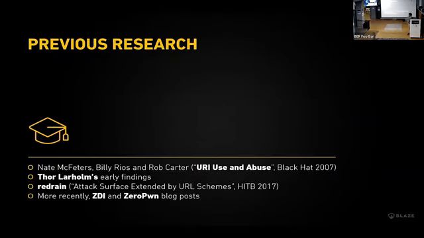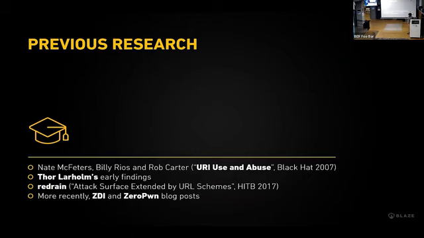It's also super important to mention some previous research in this area. It's not new. I think the most important work was done in URL security research at Black Hat 2007. So again, this is pretty old, even though it's still around. This guy is probably not even in the security industry anymore.